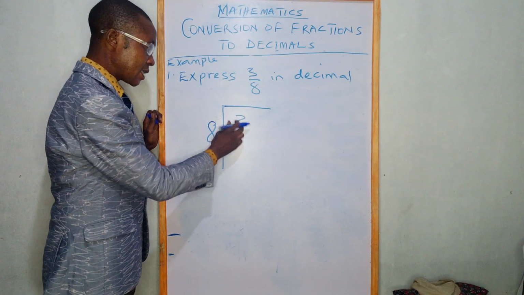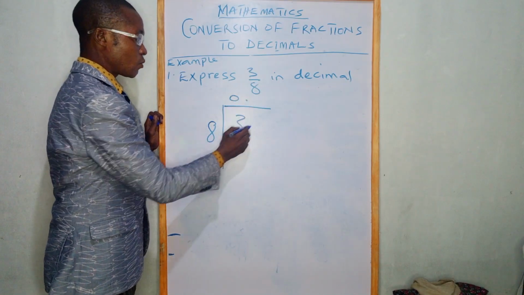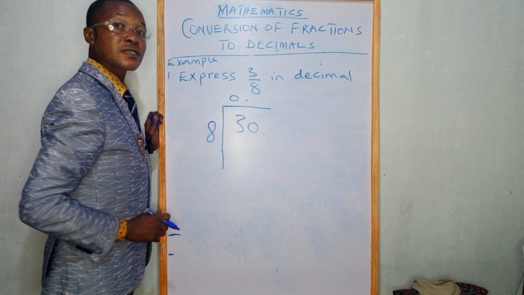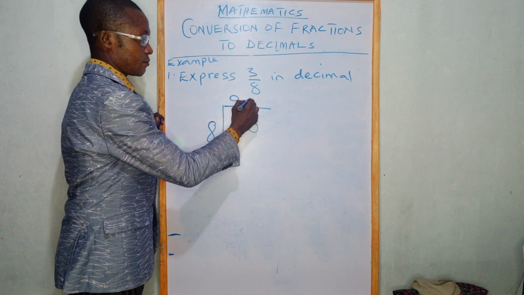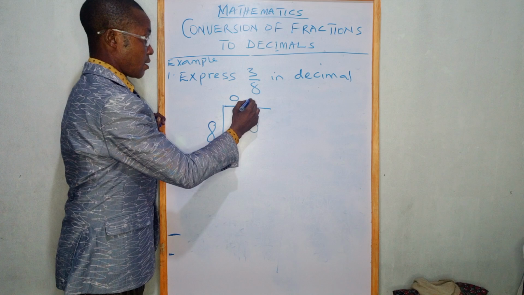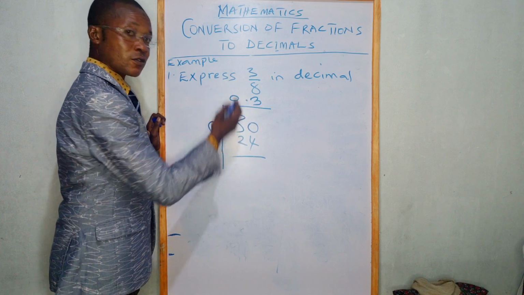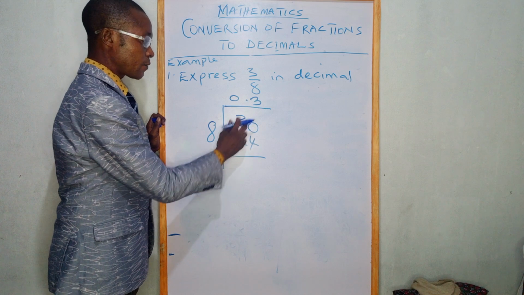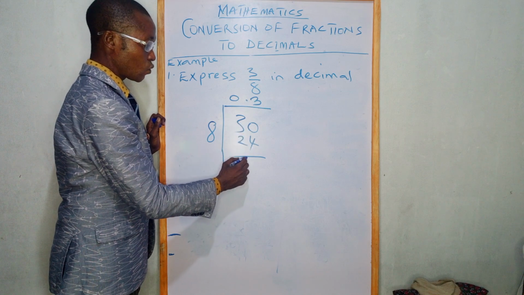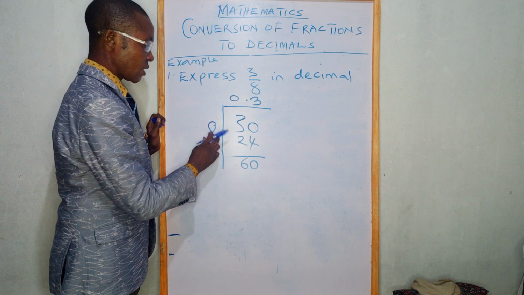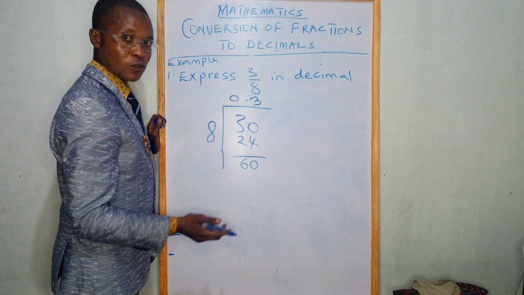The 3 inside, 8 in 3 is 0 point. So you put 0, then 8 in 30, what is that? That will give you 3. 8 times 3 is 24. You subtract 24 from 30, this will give us 6. Bring down 0, so 8 in 60 now, that will give us what?